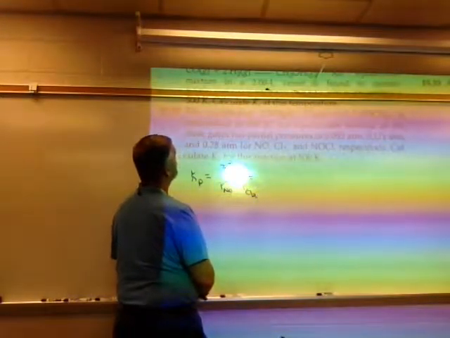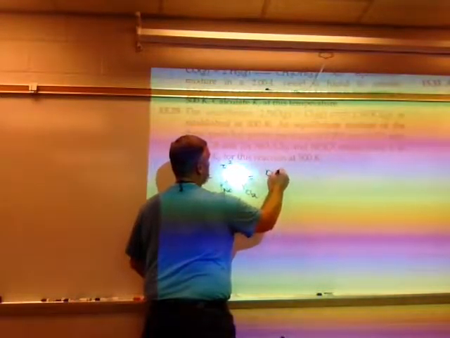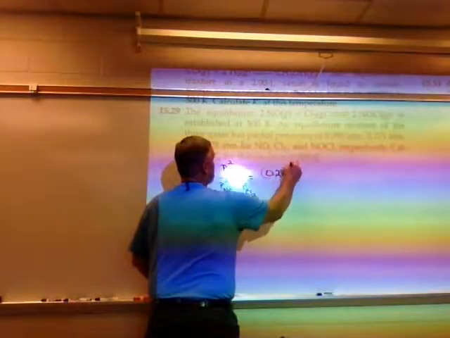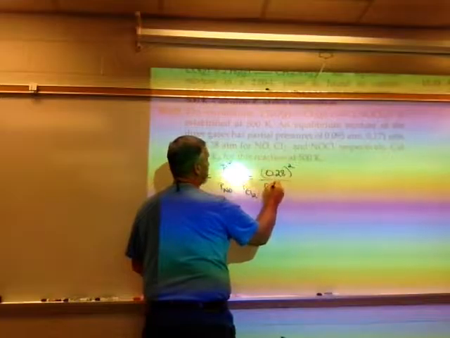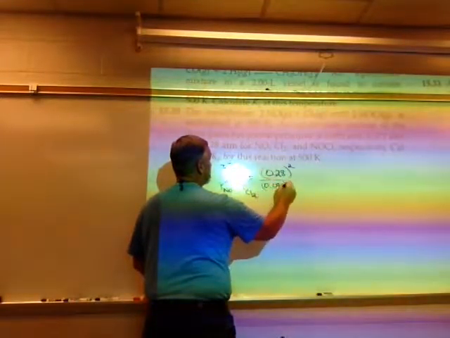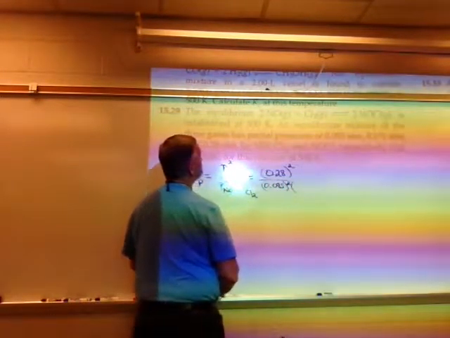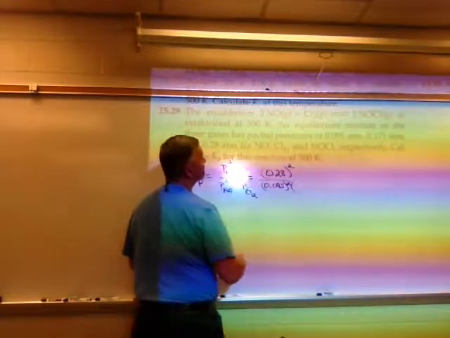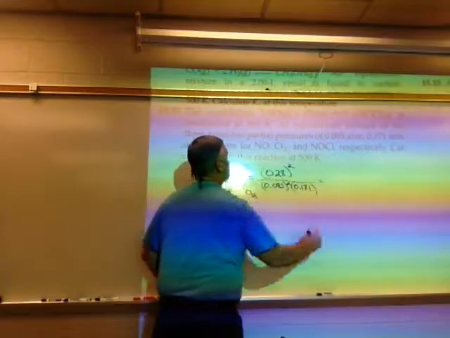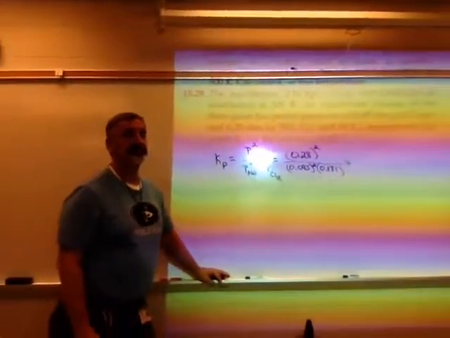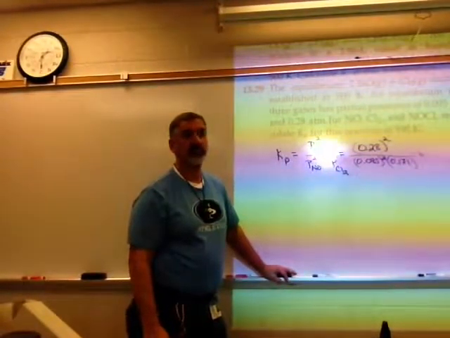So the NOCl is the third one, so it's 0.28 squared divided by the NO, which is the first one, so it's 0.095 squared times the Cl2, which is the middle one, which is 0.171. So we can just get the value. Simplest type problem there is.